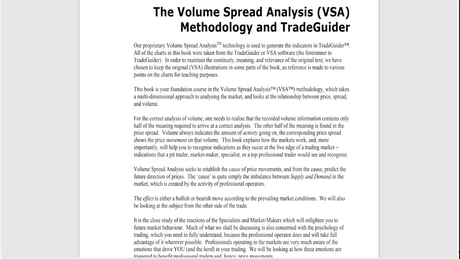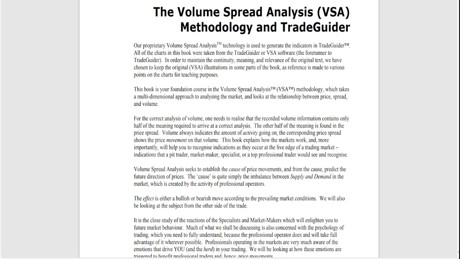We look at the candlestick charts and the volume, and then we interrelate them with each other to make sense of what's going on in the market. Volume is actually the amount of activity going on in the market. So this book will help you in this way, and you will have a live edge in the market after understanding all these concepts.